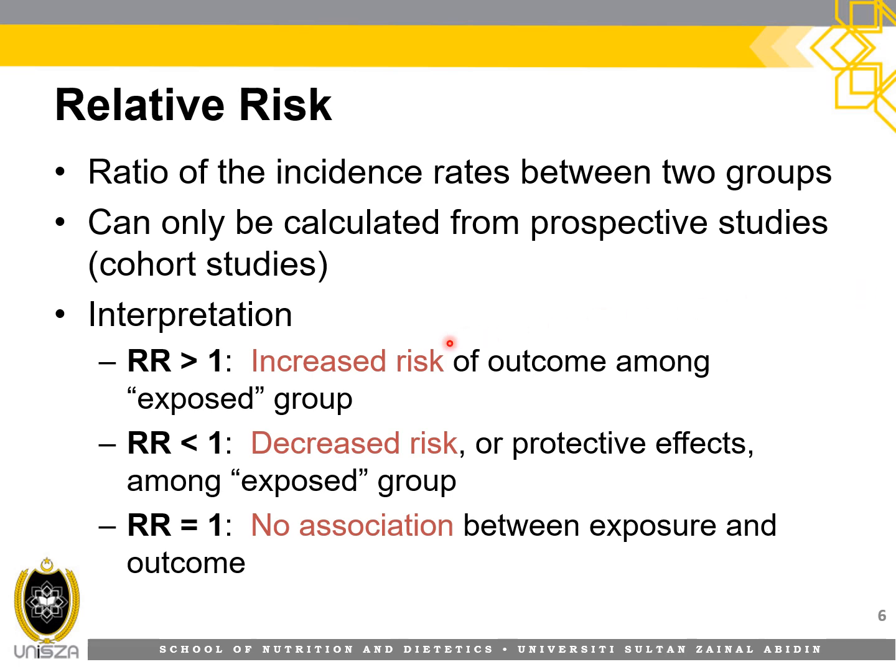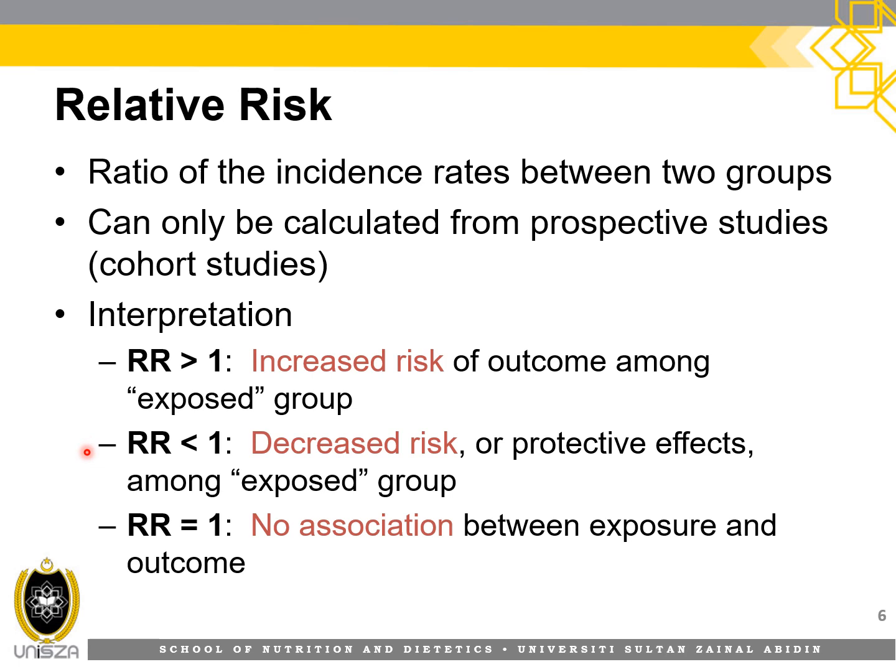The interpretation of RR is: when the RR or relative risk is more than 1, it means that there is an increased risk of outcome among the exposed group. When the RR is less than 1, it means a decreased risk or protective effect among the exposed group.